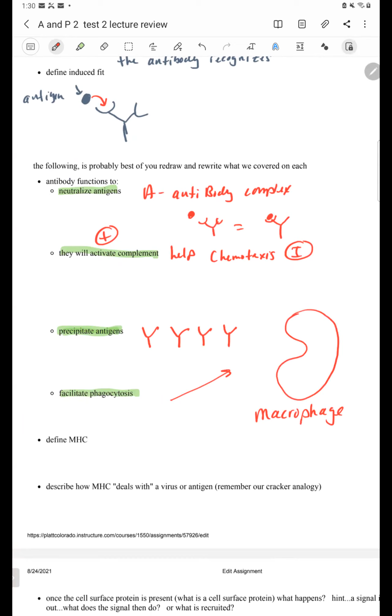The macrophage will engulf the antigen and the antibody.